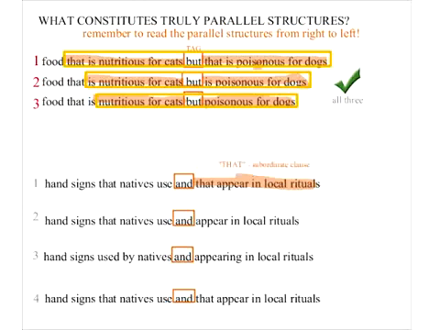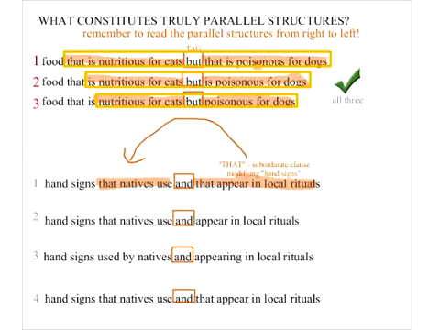And the function of that, just as importantly, remember when you talk about parallel grammar, you're mostly talking about what do these things do. This is a modifier of hand signs. So you need to find another subordinate clause that modifies hand signs. Here you can find one that has pretty much exactly the same structure. That is this one.